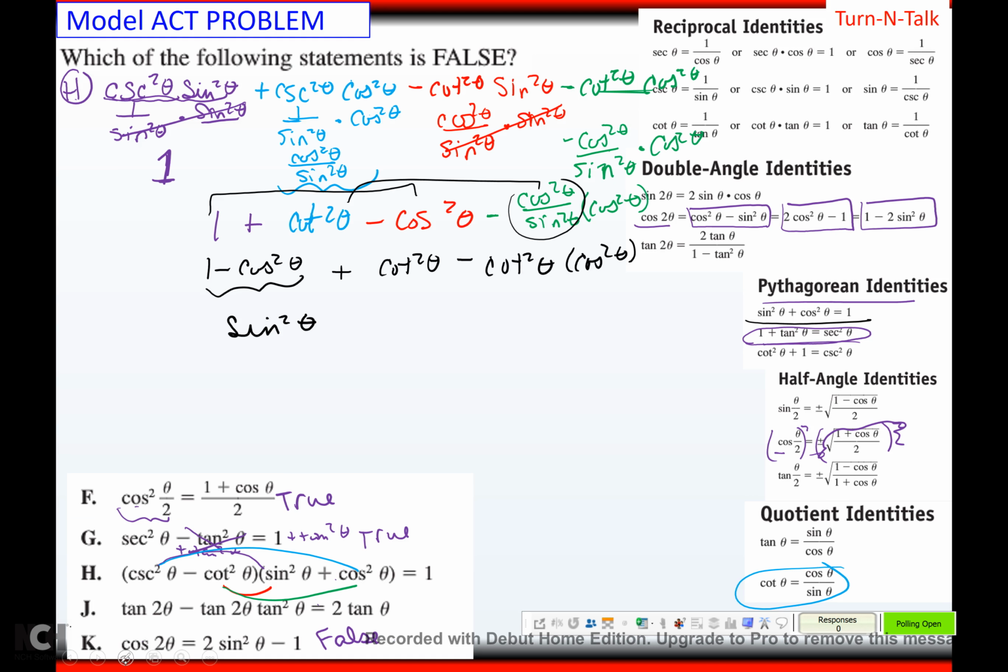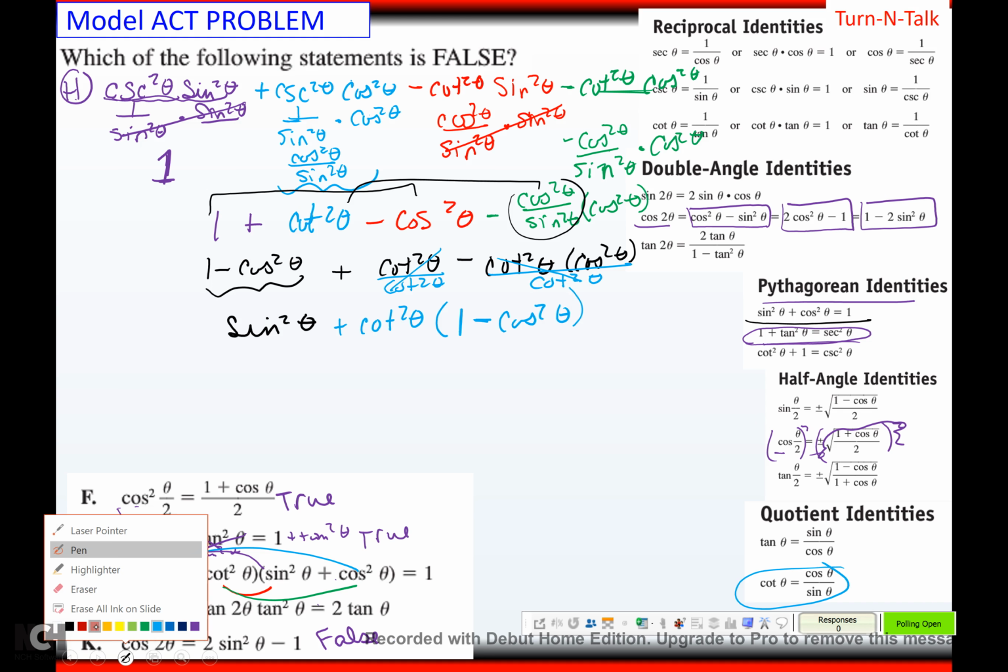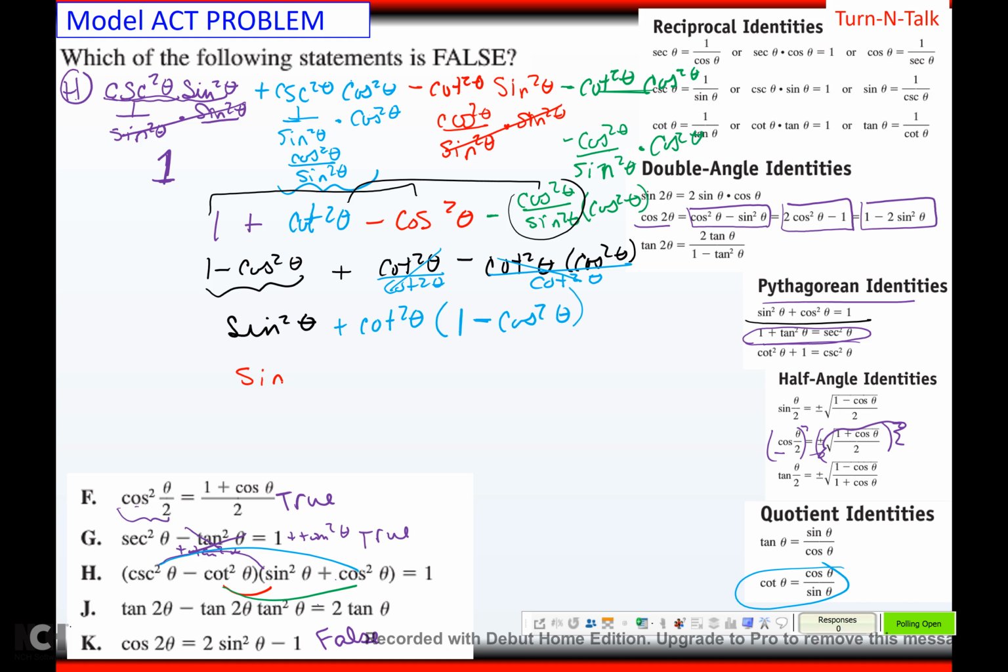Because now, on the last two, I can factor out a cotangent squared theta. If I divide by cotangent squared theta, that cancels and gives me 1, and that cancels and gives me minus cosine squared theta. Again, 1 minus cosine squared theta is sine squared theta. So I have cotangent squared theta times sine squared theta.